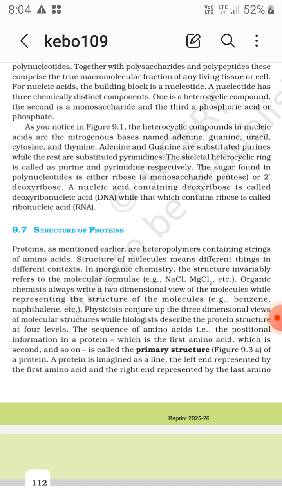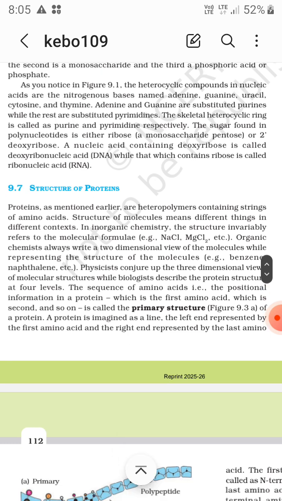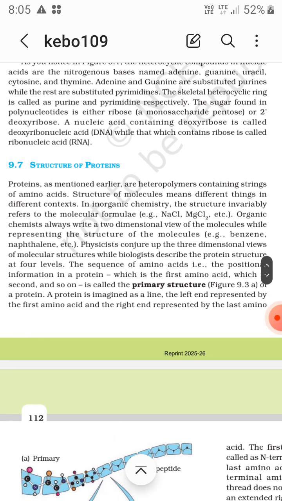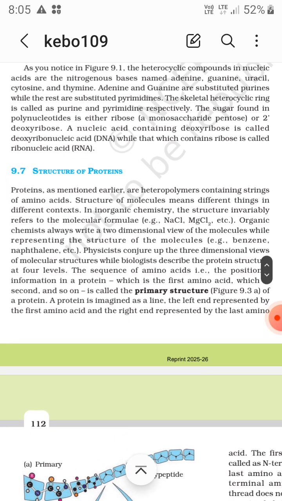It's pentose or 2-deoxyribose, because at the 2' position there is no OH. Now that nucleic acid, which can be RNA or DNA, that contains the deoxyribose type of sugar is called deoxyribonucleic acid, DNA, while that which contains ribose is called ribonucleic acid.